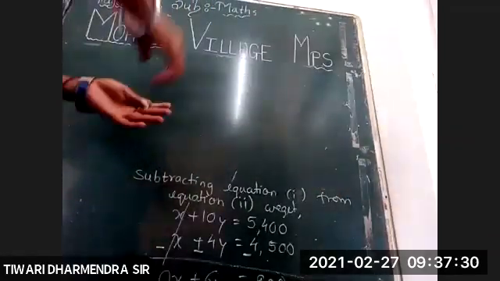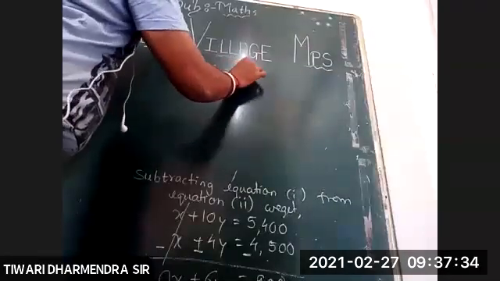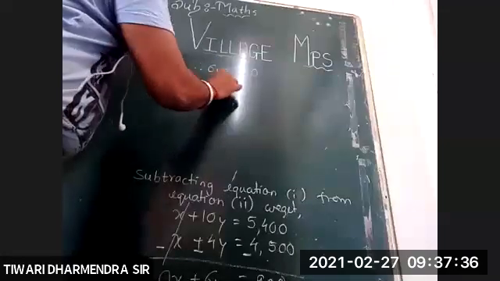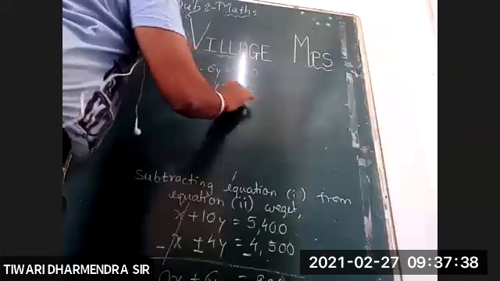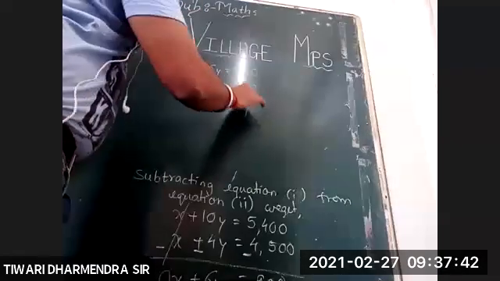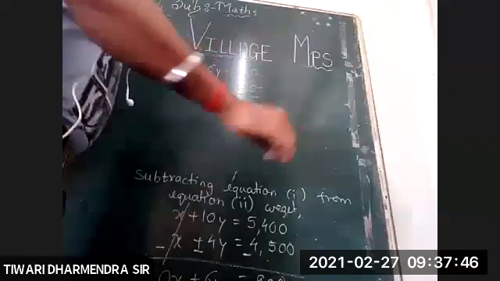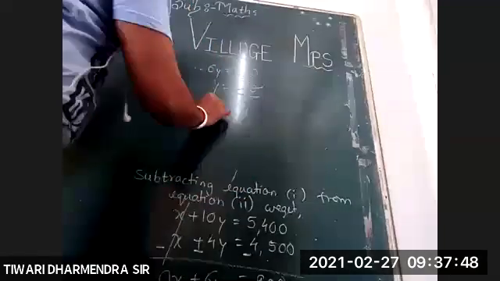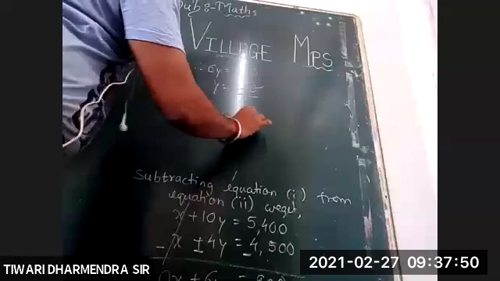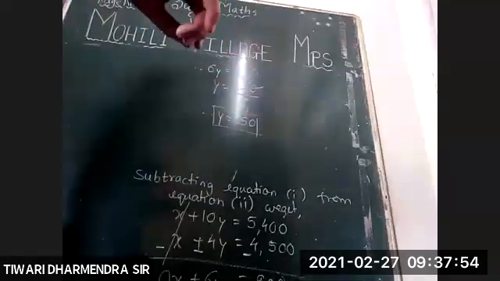So therefore, what do we get? We get 6Y equal to 900, means Y is equal to 900 divided by 6. We know that 6 ones are 6, 15s are 90, and we're having one more 0. So therefore, the value of Y is 150. Monthly increment we got.